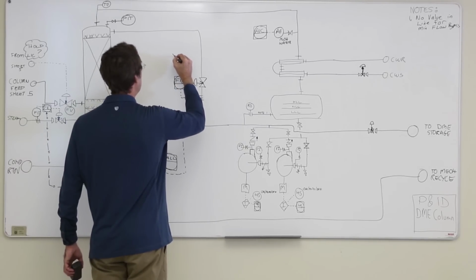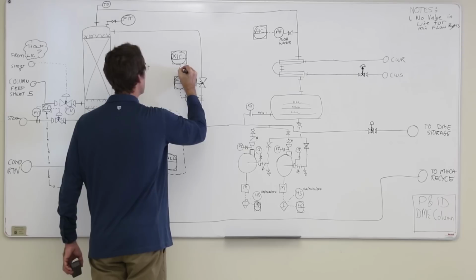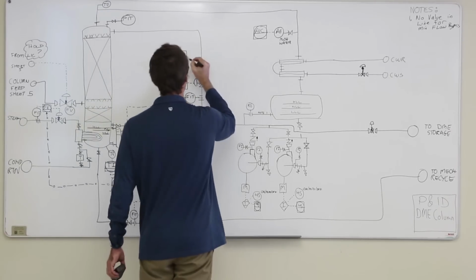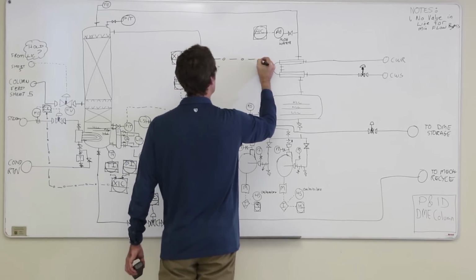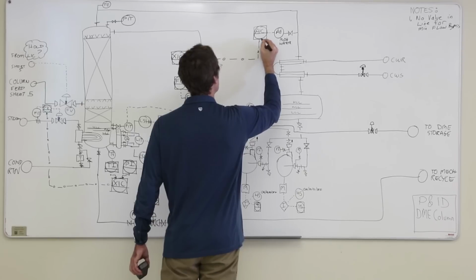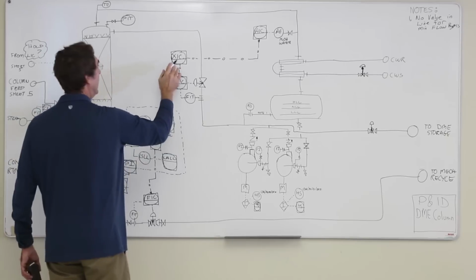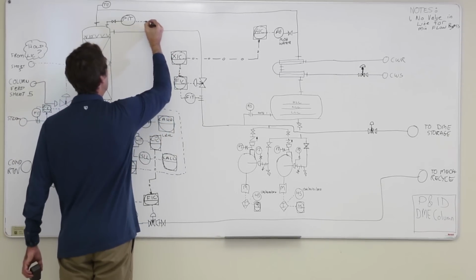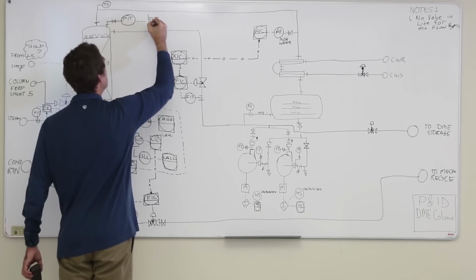Okay, so let's use a composition indicating controller here. It's going to send a software signal as a set point into the flow controller, and it's going to get its signal from the composition controller here, the analyzer controller. And if we're actually going to try and use bubble point here, then we definitely need pressure compensated temperature.